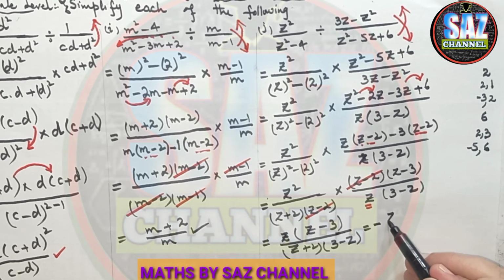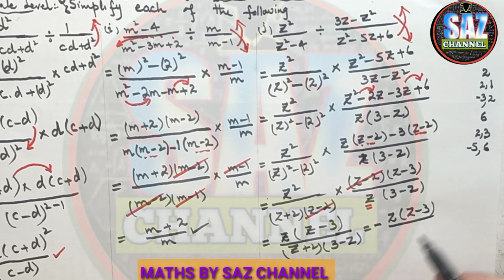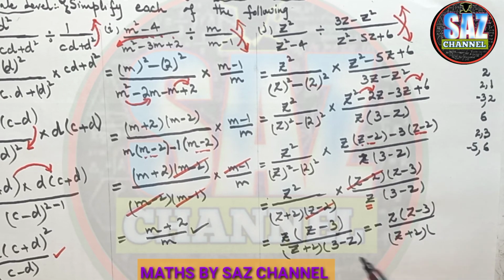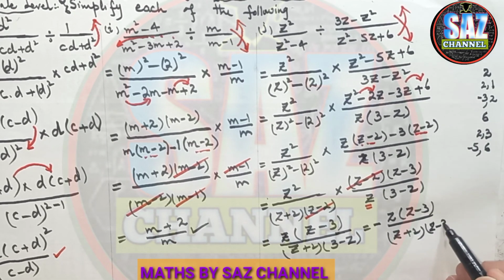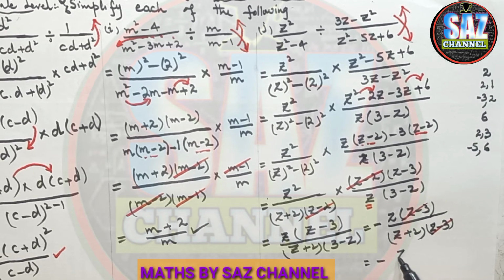So my question will take the form z upon z minus 3 upon z plus 2 into, as I've extracted the minus sign out, z minus 3. So z minus 3 is the same in the numerator and denominator. We can cancel this, and my final answer will be minus z upon z plus 2.